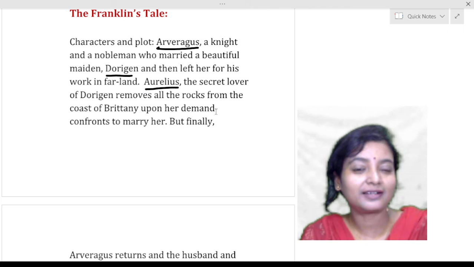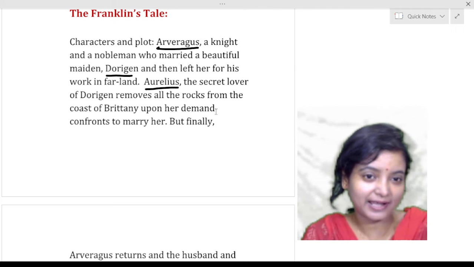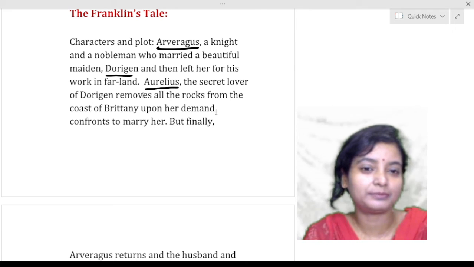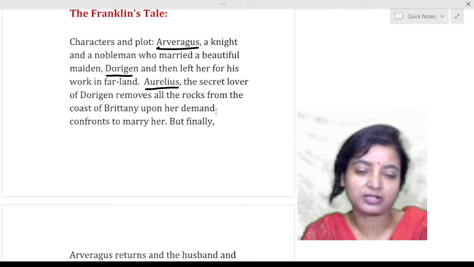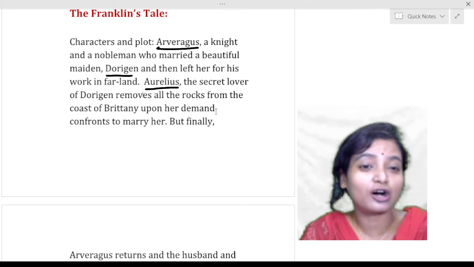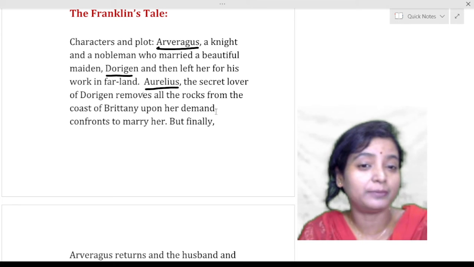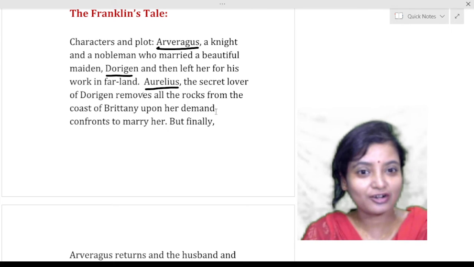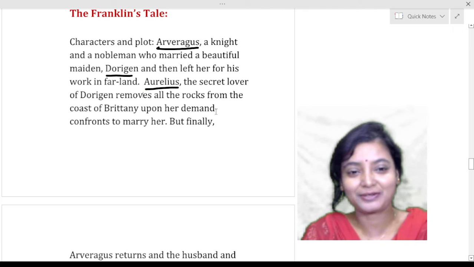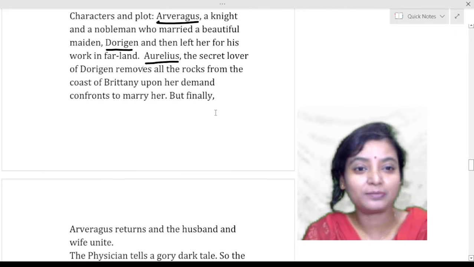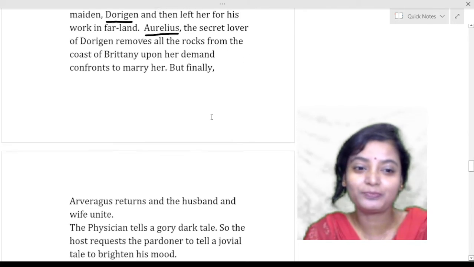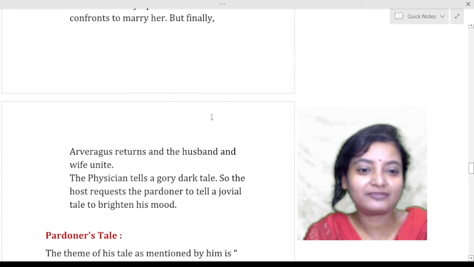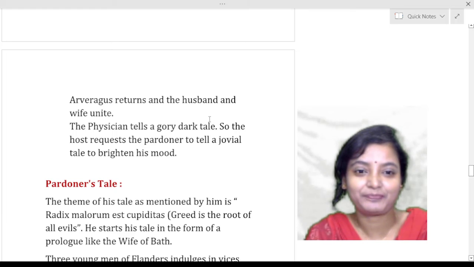So when Aurelius proposed to her and forced her to marry him, as her husband had not returned for a long time, Dorigen put this condition that if Aurelius could remove all the rocks, then she would marry him. Aurelius did the job. So now what will Dorigen do? In the meantime, Arviragus returns and the husband and wife unite.